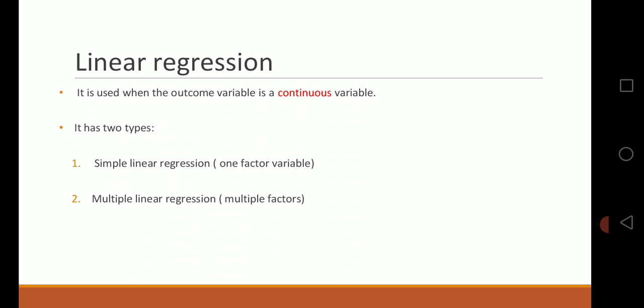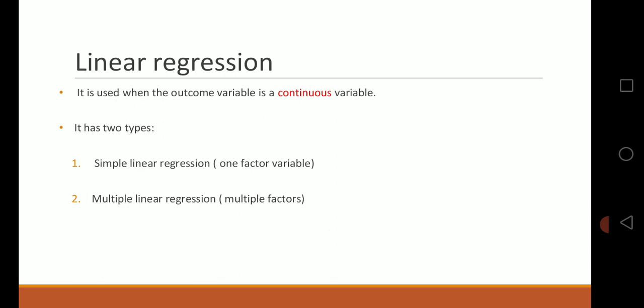Okay, the linear regression test has two types. We said, based on the outcome variable, if it's a continuous variable, this is a linear regression.